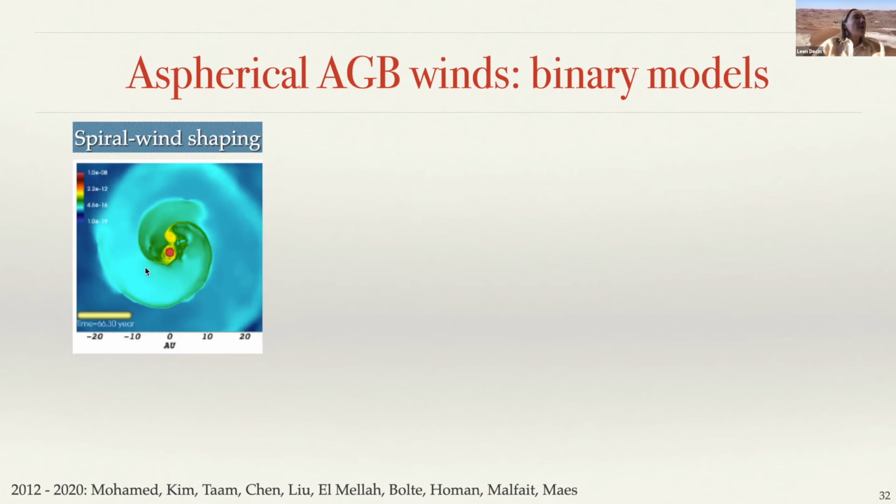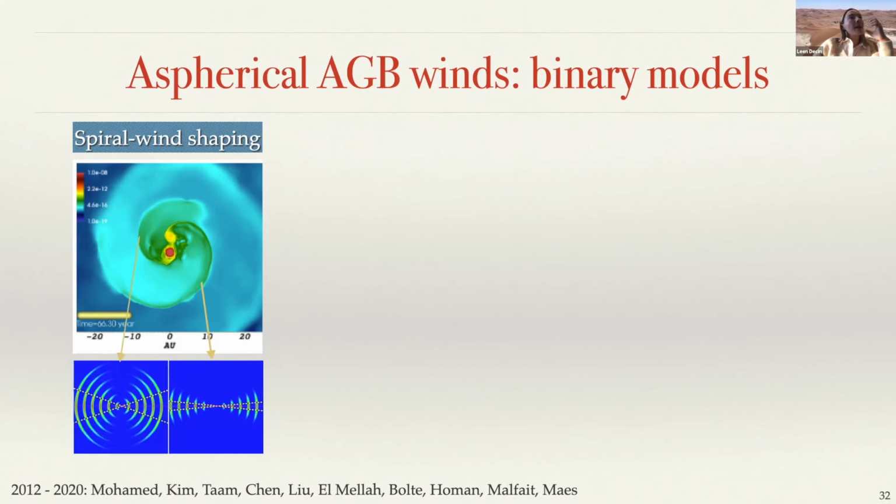You can see here one of these simulations where the spiral is caused by the fact that the companion attracts part of the material, and then you get a spiral which doesn't have a wide extent, but a very small extent with respect to the orbital plane.